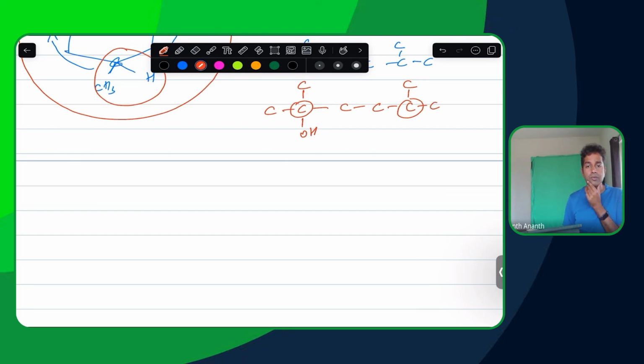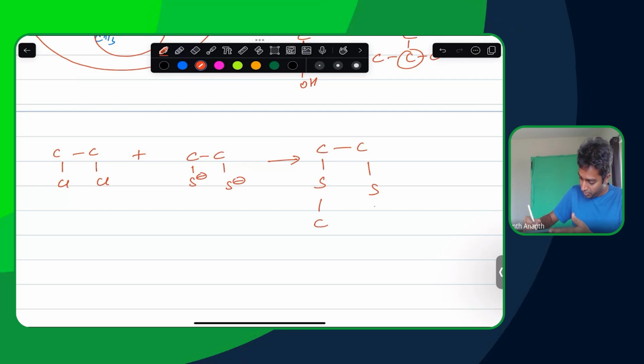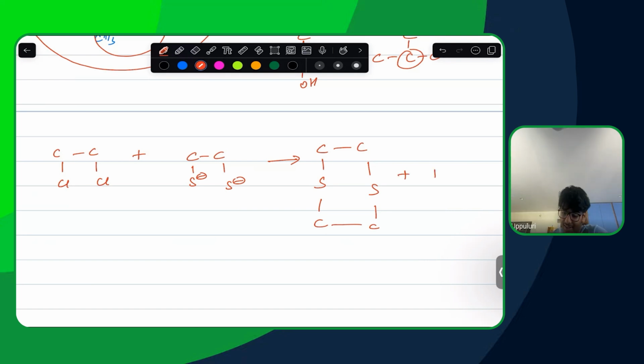1,2-dichloroethane with this compound gives something and P. Okay, C4H8S2. I don't think I've learned this.